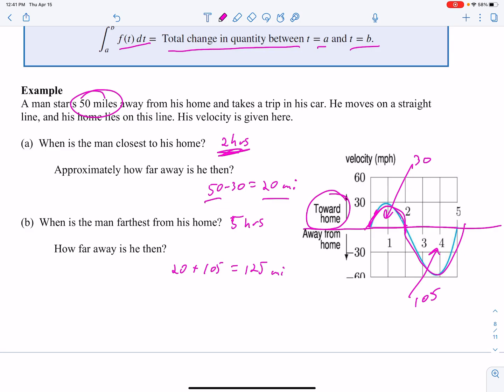So he's 20 miles from home after 2 hours, plus 105 miles away from home after the next 3 hours. So he's a total of 125 miles from home. Okay, so that's illustrating, the area of the curve above the x-axis is positive, area of the curve under the x-axis is negative.